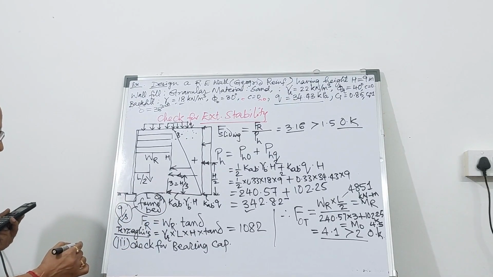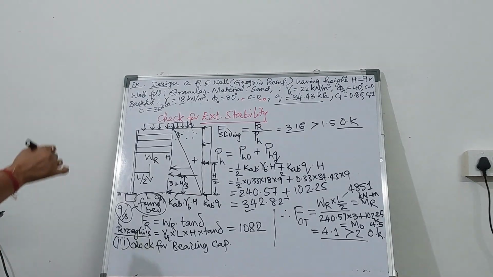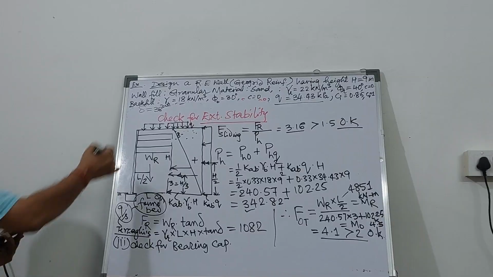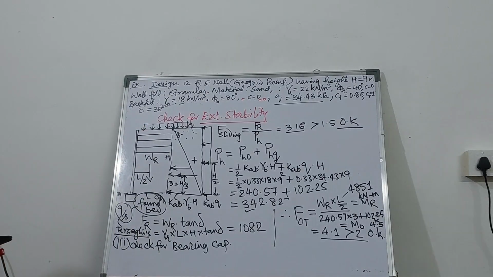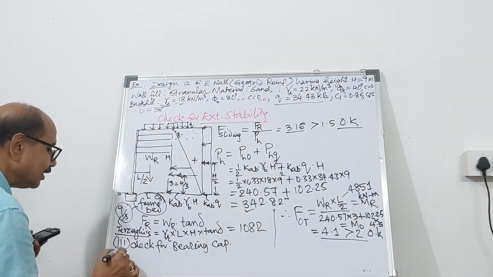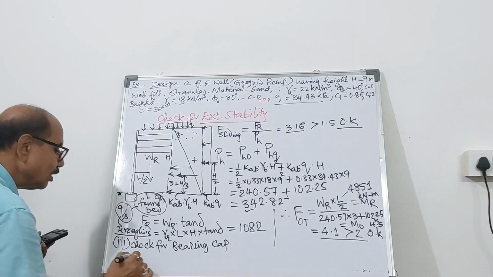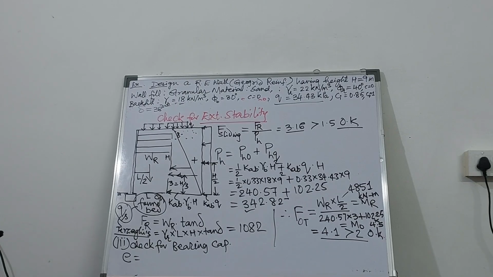So here, first of all, calculate the bearing pressure due to the loading. So loading is already there. This is the wall you have created, and therefore you should calculate the bearing pressure, the eccentricity E. What will be the eccentricity E? That's quite simple.